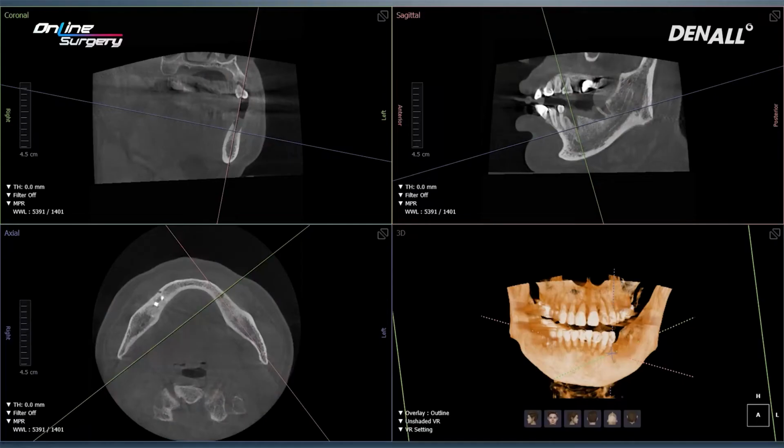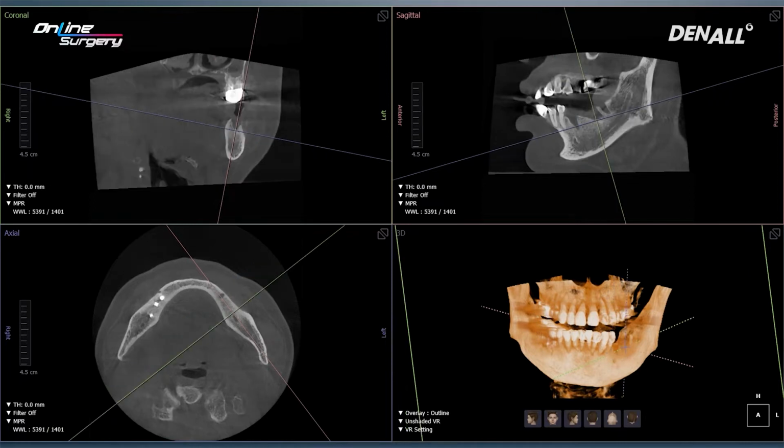Looking at CT, in number 5, in the extracted area, there's a lot of resorption of the alveolar bone on the buccal side. Number 6 was already missing. Number 7 was tilted. In that area, 2 implants were planned.